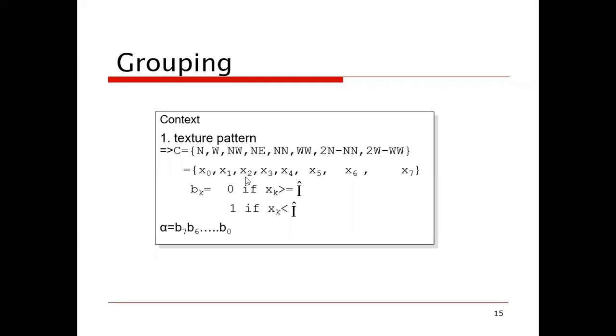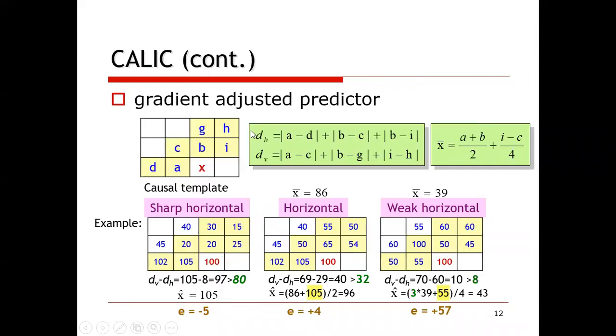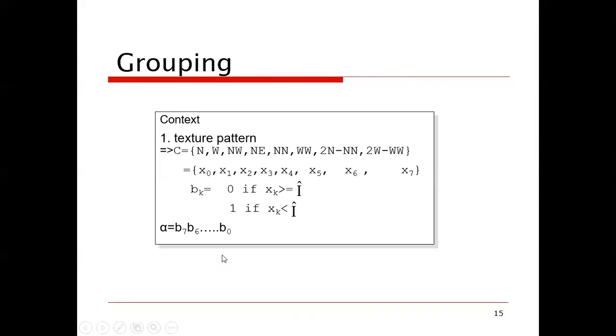And what is the value of X2? X2 is NW. NW means this pixel. So what is the value of NW? NW is 20. Again 20 is less than 105, so B2 will become 1.